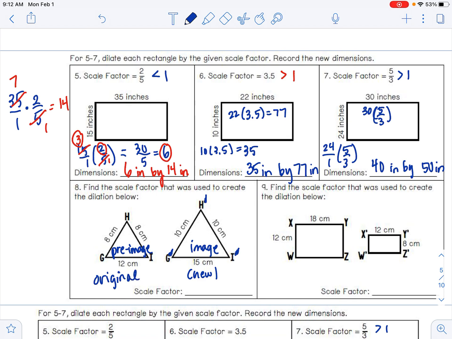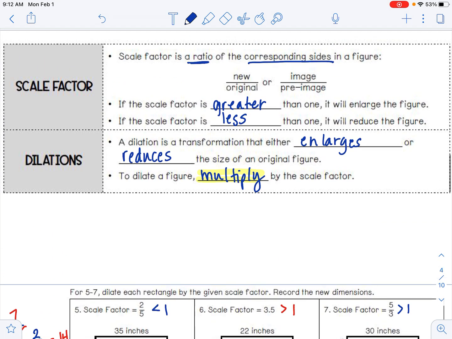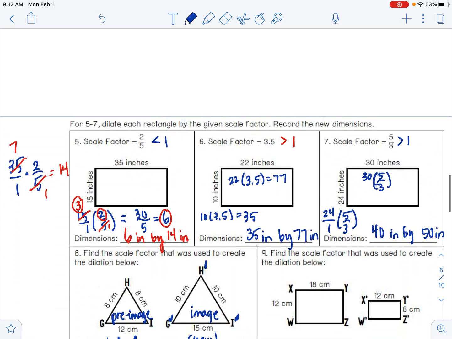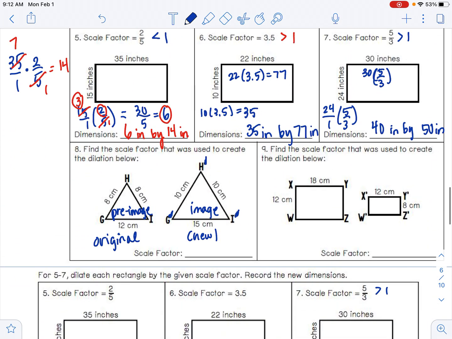So remember, if we back up to those notes for just a second, we're going to go new over original or image over pre-image, whichever words you want to use. And we are matching up corresponding sides when I do that. So if I pick this 10 right here, it corresponds to this 8.